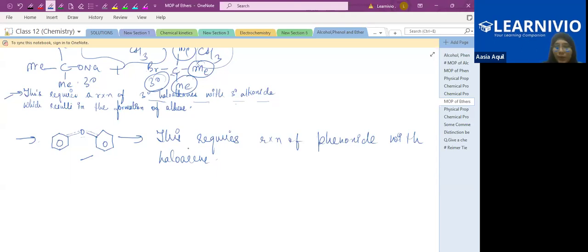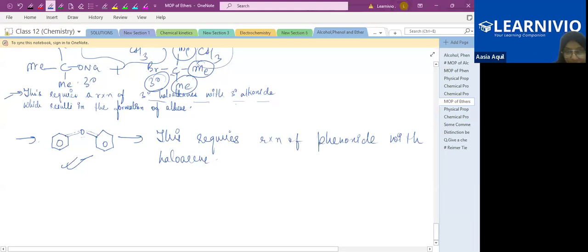But normally haloarenes won't show nucleophilic substitution reaction. So that's why this reaction is not possible, and you can't prepare this product using Williamson ether synthesis.